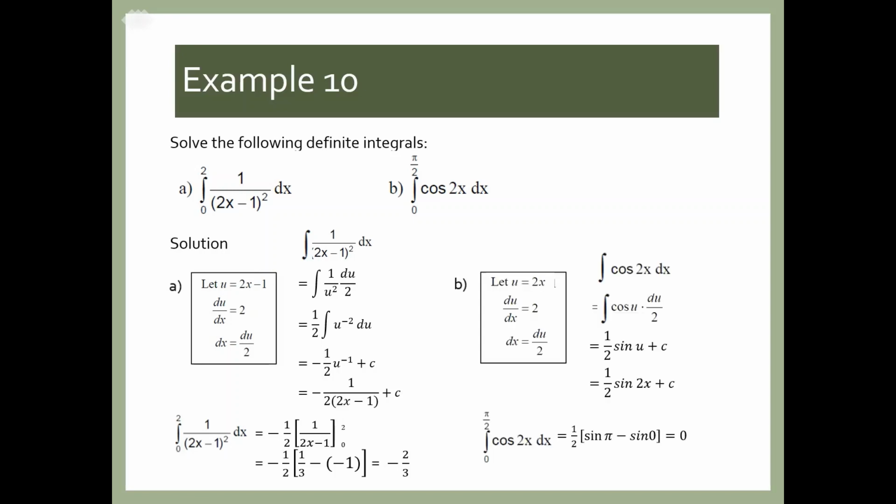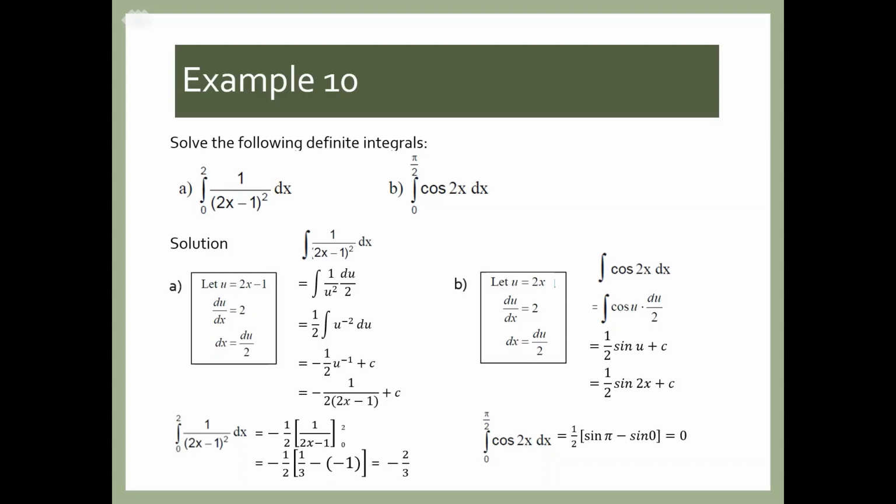For b, by letting u equal to 2x and differentiating, you will get du over dx equal to 2. Substitute this into the original integral and simplify, you will obtain 1 over 2 integrate cos u. Integrate with respect to u and replace the u back to 2x, you will get 1 over 2 sine 2x plus c.